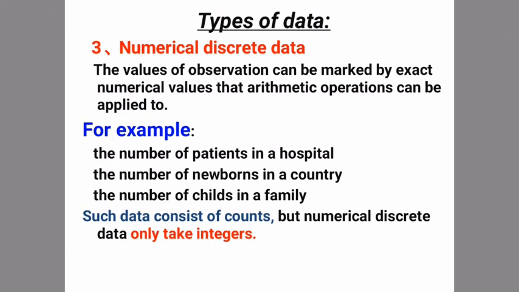The number of patients in a hospital, the number of newborns in a country, and the number of children in a family are all numerical discrete data. They are all marked by numerical values, but only take integers. It is not allowed to take a value with decimals, so it is called numerical discrete data.